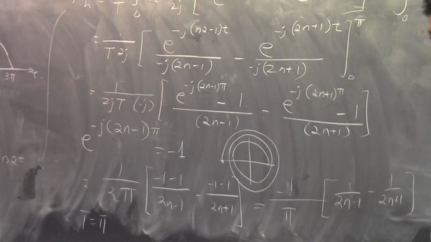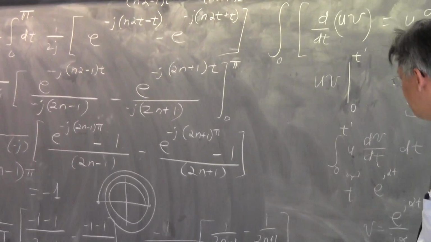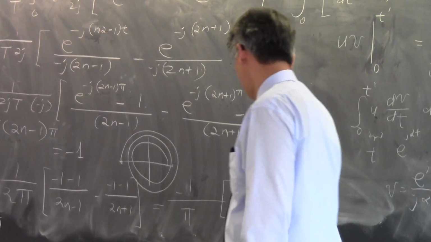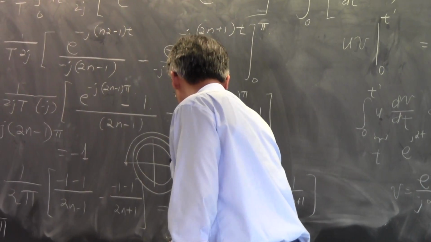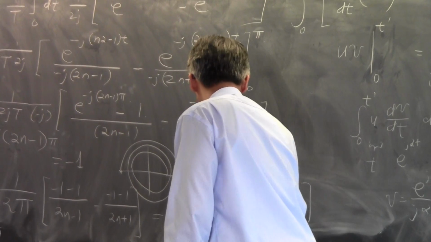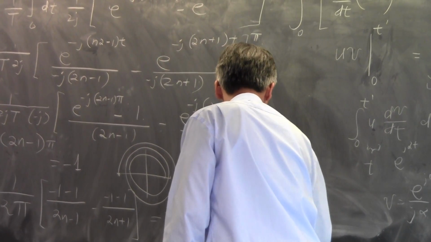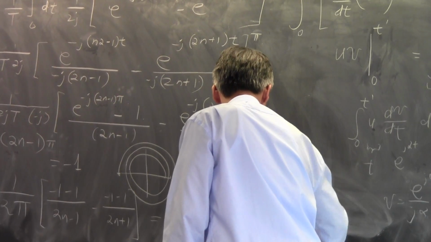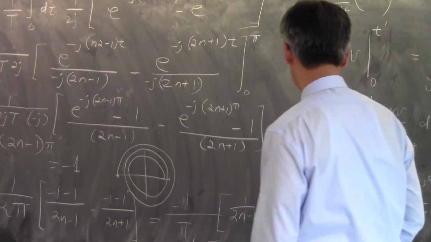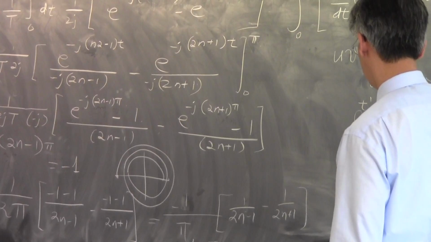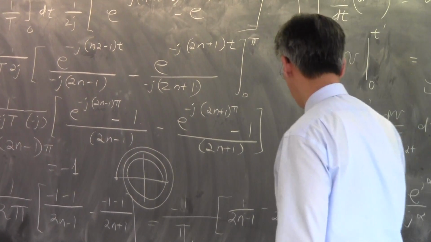You can simplify it by bringing them under the common denominator. Okay, we bring them under the common denominator with minus 1 over pi. It's a squared minus b squared, right?